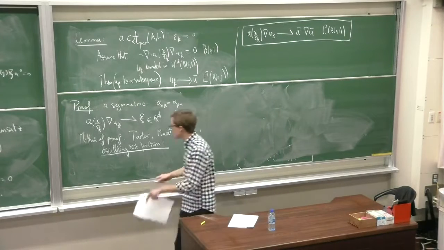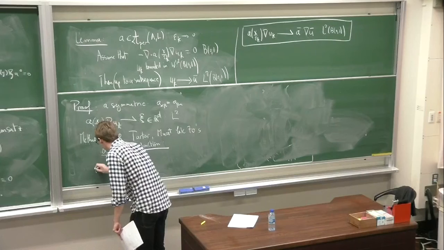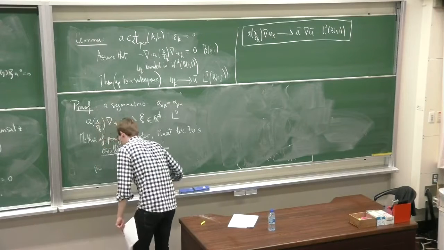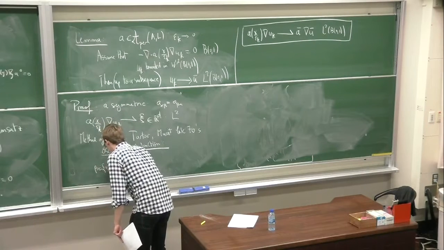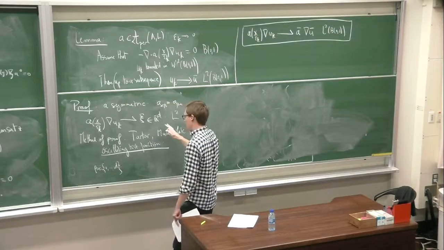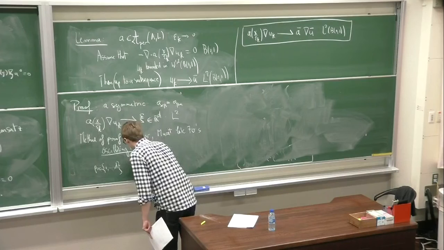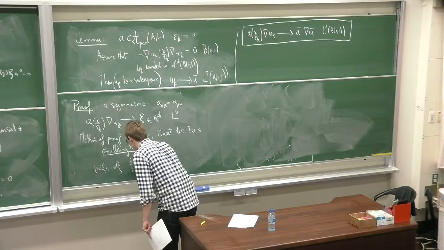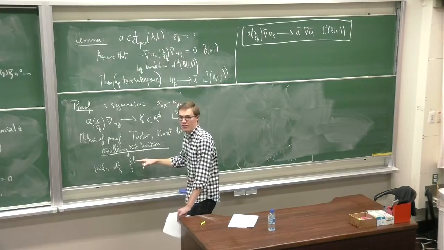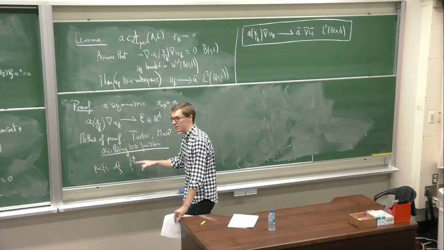So I fix a beta in one to d, and I want to identify psi beta, so the beta component of psi, which is a vector in R^d.